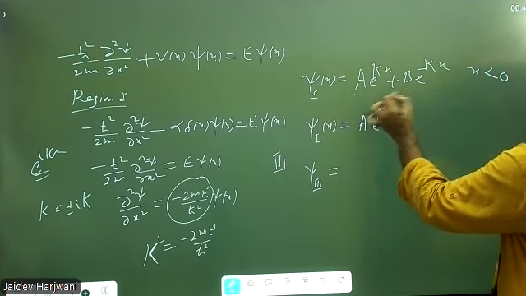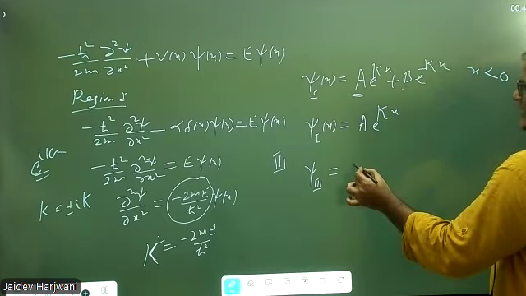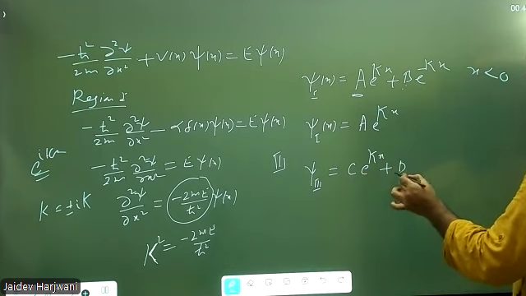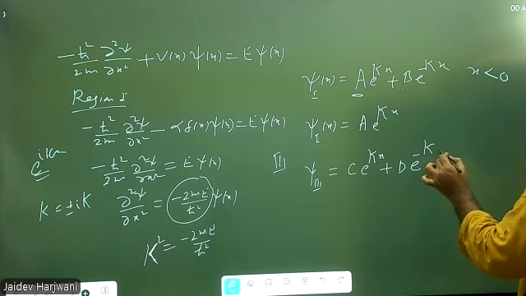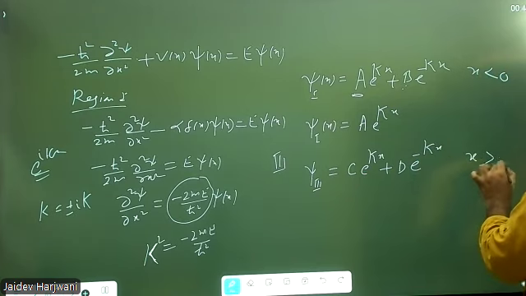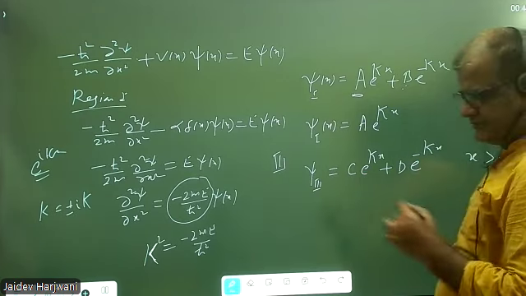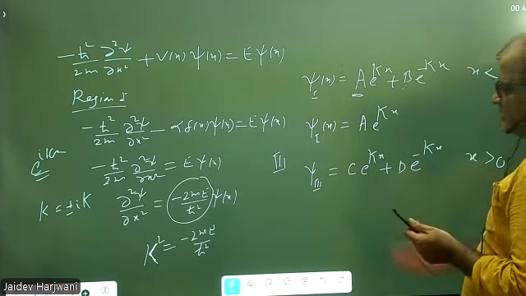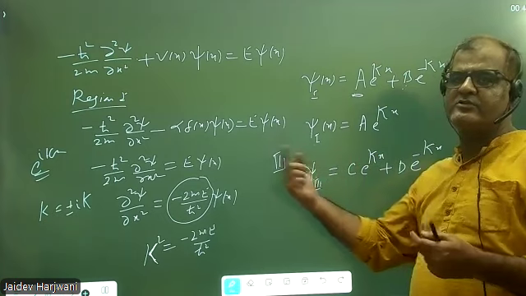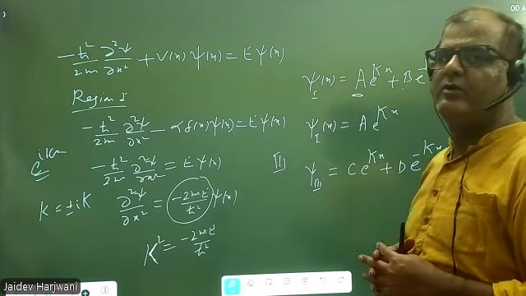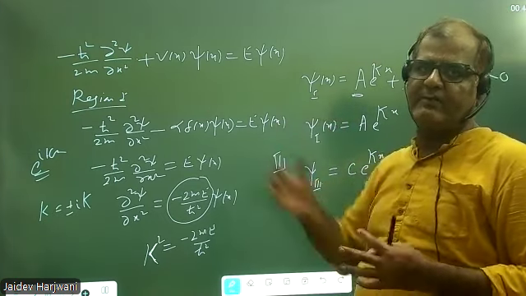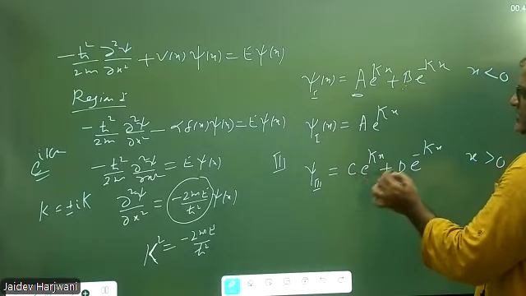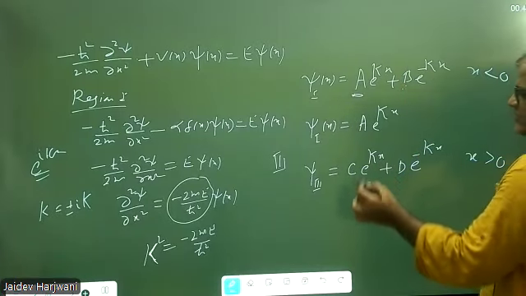Instead of this amplitude, I write c e^(κx) plus d e^(−κx), when x greater than 0, region third. Now this is the positive x-axis. Here x can go to plus infinity, so this term will diverge. So I have to put c equal to 0.